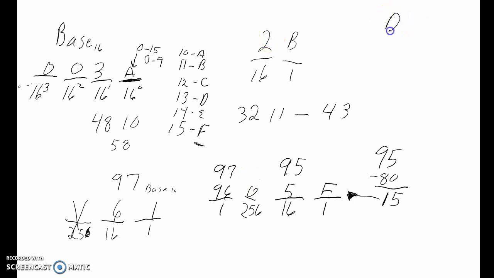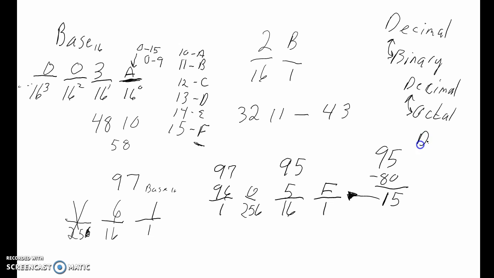So far we went from decimal to binary and back again, we went from decimal to octal and back again, and we went from decimal to hexadecimal and back again. We can interchange between the number systems. And if you notice, they all have decimal in common.